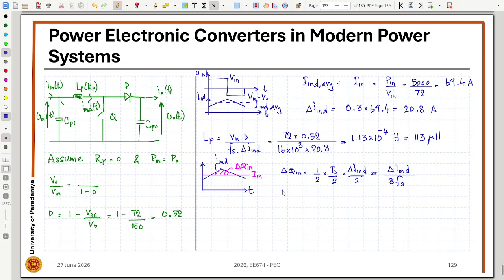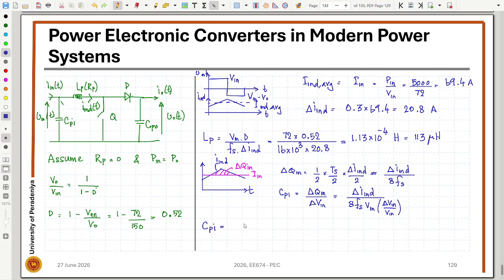So we can write Cp in as delta Q in over delta V in, the voltage ripple in the input. So delta Q in we can write as delta I inductance over 8 Fs. Now this we can express as V in times delta V in over V in. So we can substitute the values.